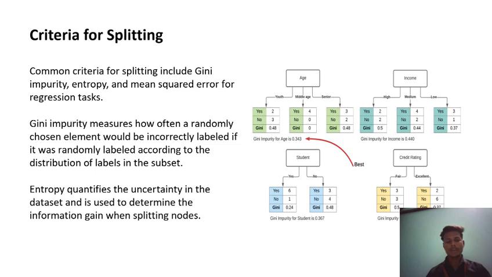Entropy quantifies the uncertainty in the dataset and is used to determine the information gain when splitting nodes. Observe the diagram: age, income, student, credit rating. Age, yes, no, yes, no.